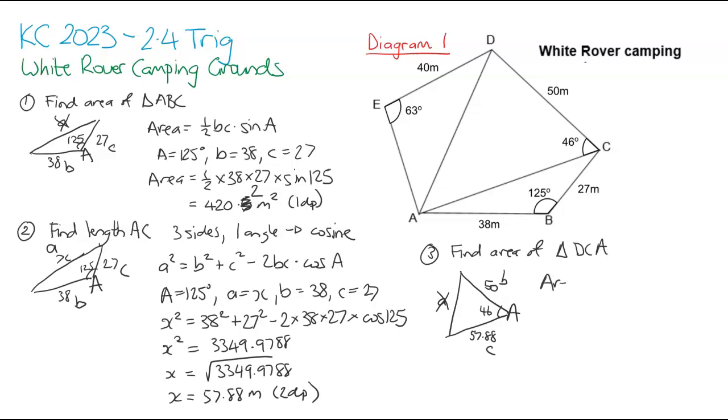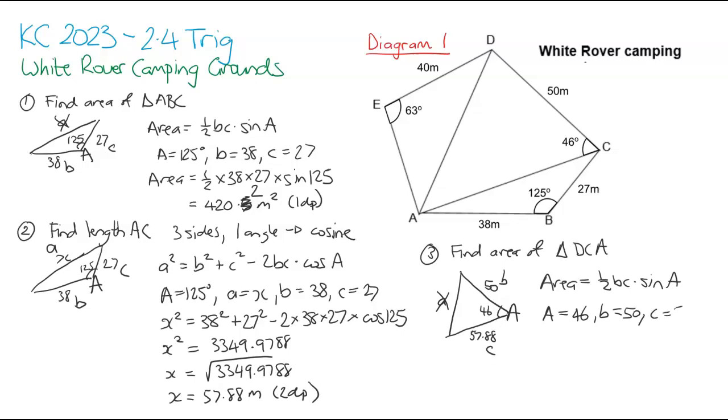So our formula, same as in step 1, area is equal to 1/2 of BC times sine A. I'm now going to substitute what I know, and just recapping, big A was the angle, which will be equal to 46. B is equal to one of the sides, which we've said as 50. And then C is the final side, 57.88.